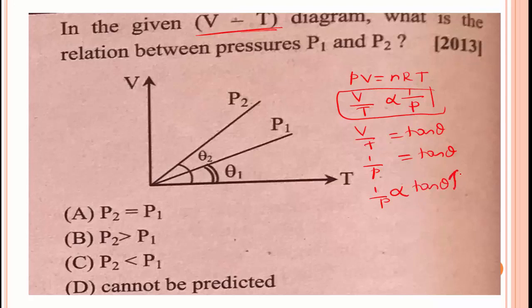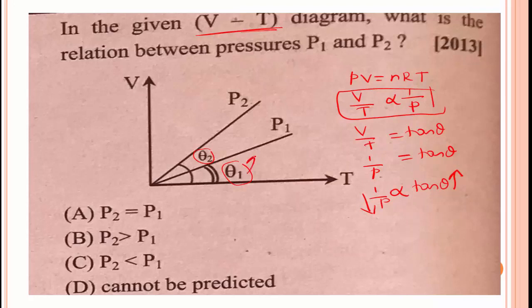If the theta value increases, the pressure value decreases. Here the theta value is very small, and here the theta value is very large.